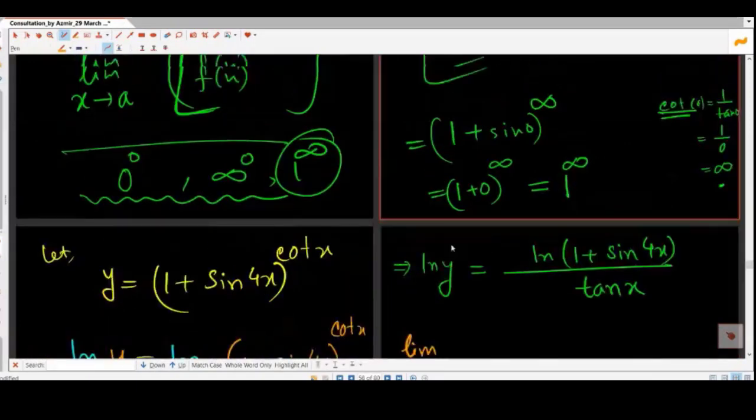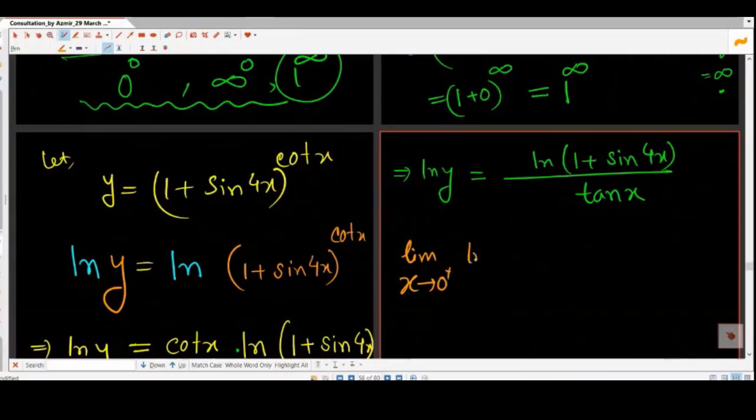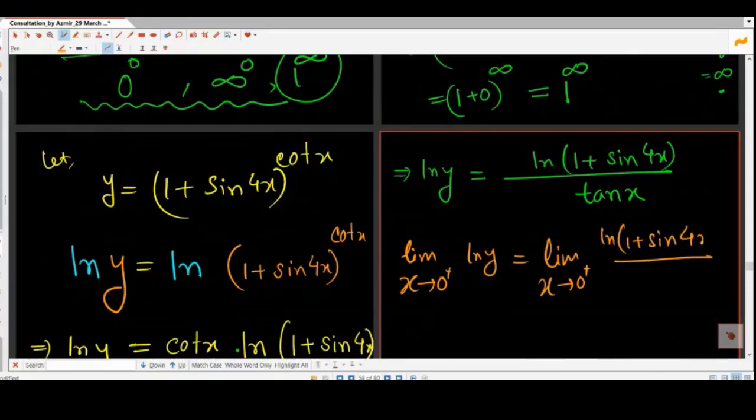So we are taking limit on both sides. Limit x tends to 0 plus natural log of y equals limit x tends to 0 plus natural log of 1 plus sine 4x over tangent of x.